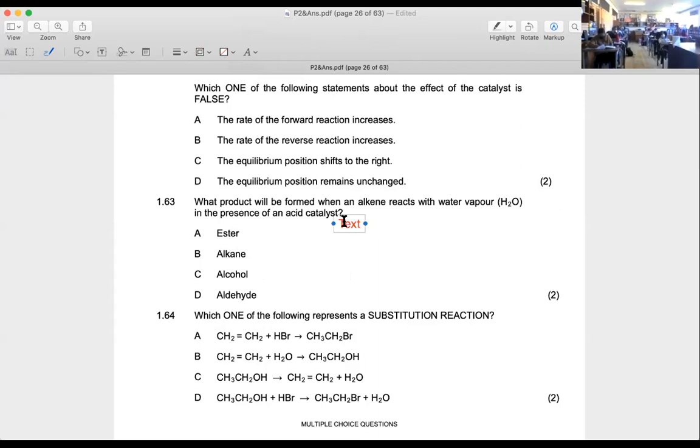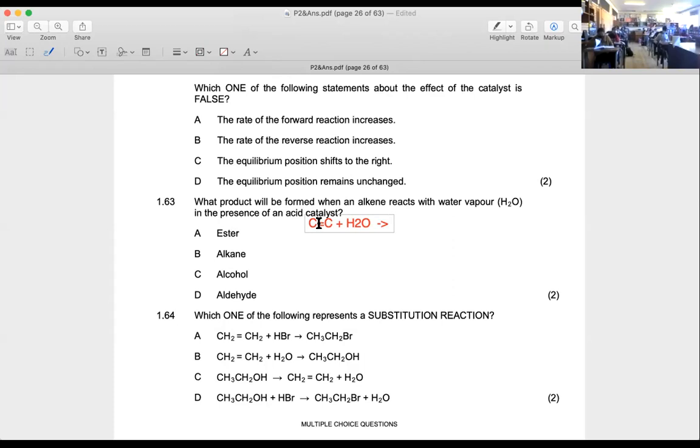Okay, so here's what's going to happen. I can see this. Alkene is, let's take the simplest alkene, C double bond C, plus H2O is going to form what? There's our alkene plus H2O.